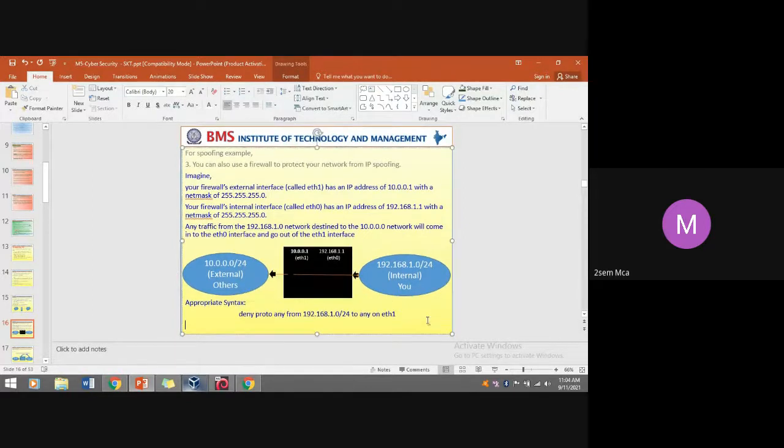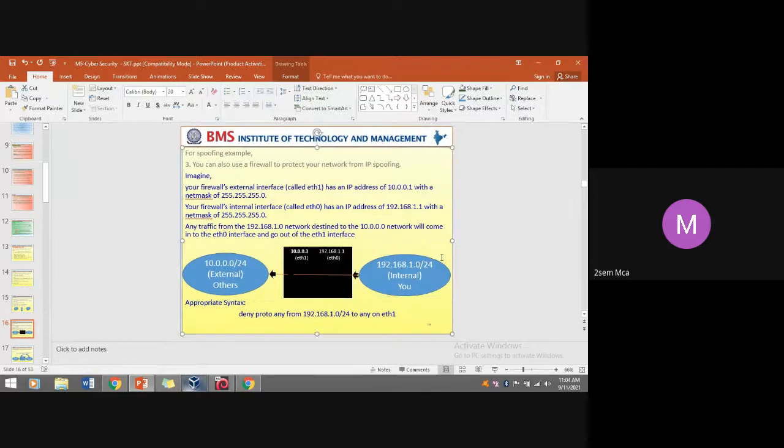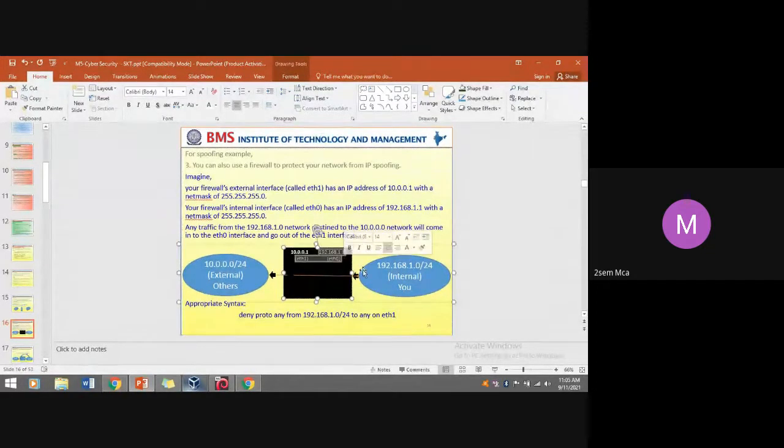Here is how IP spoofing happens. Since the rule is defined in such a way, the packet can be sent directly to ETH1 by bypassing ETH0. In a real scenario, when a system pings the internal interface, the internal interface IP is replaced by the external interface IP, and then the packets are forwarded to the external world, that is the public world. If that is the case, fine. But the rule is defined in such a way that you are bypassing the internal interface directly.